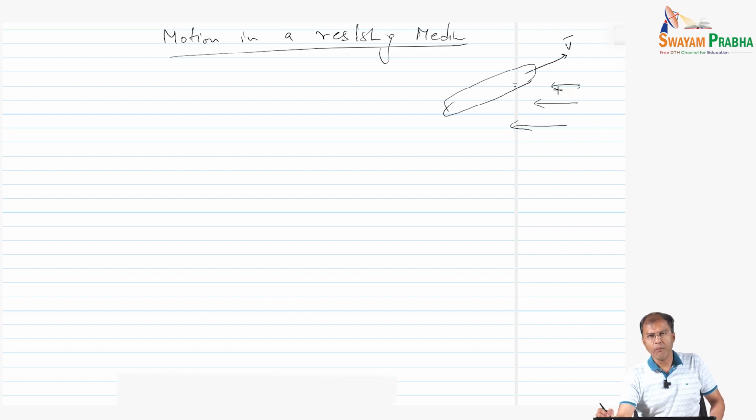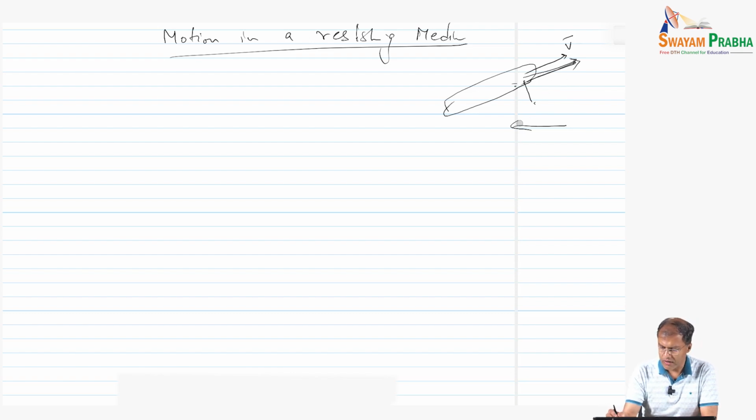We try to decompose the air resistance forces along the direction of the velocity of the object, and in another direction. I am not an aerodynamicist, so maybe my arrows are not right. Let me just draw the correct arrows here.